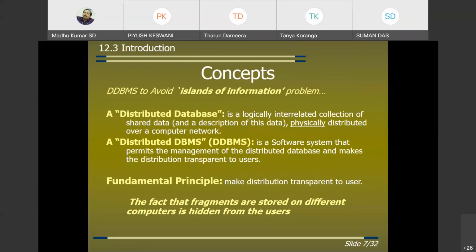Okay, very good. Say you are trying to book a ticket, and as Tarun has told, I got the reservation, but I need not bother whether I got the booking from the Calicut server, or from the copy of the data available at Hyderabad, or from the Indore station. As far as I am concerned, I got the reservation.